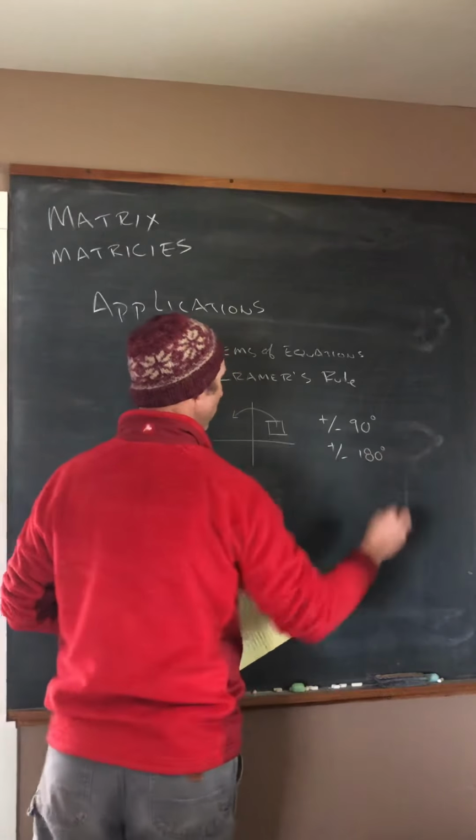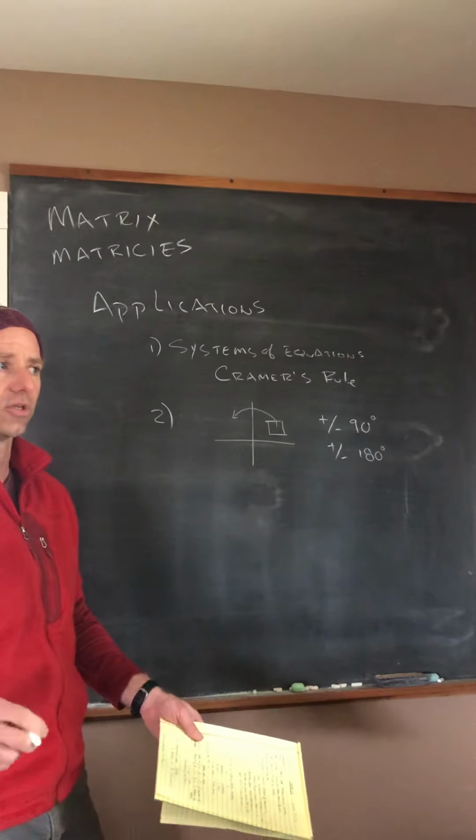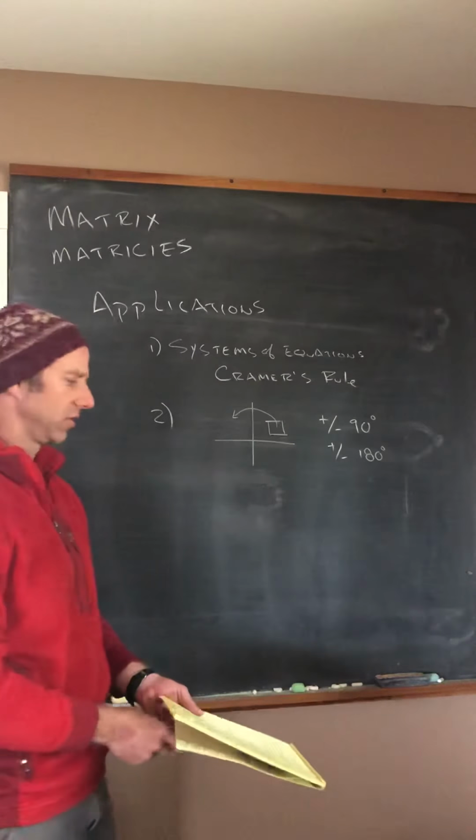With matrices, we can do that at any angle. That's something we will get to a little later. But for now, we're going to start with just some of the vocabulary and some examples of how we're going to use matrices and develop some of those skills.